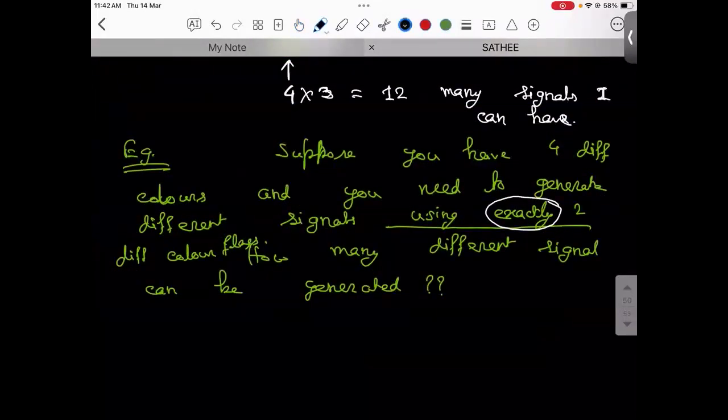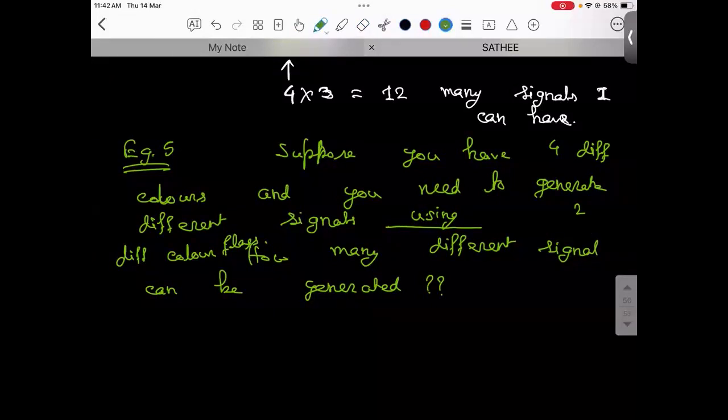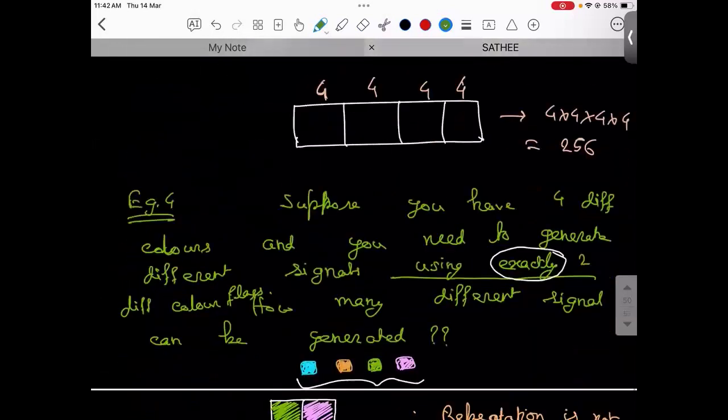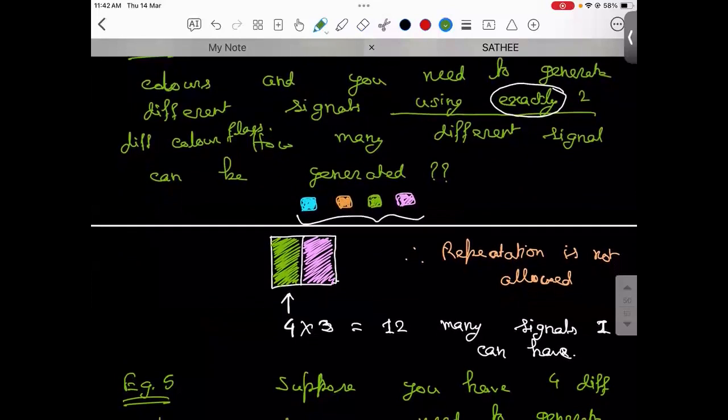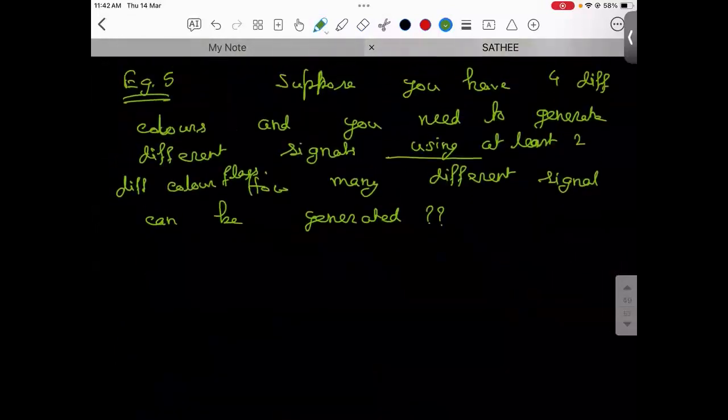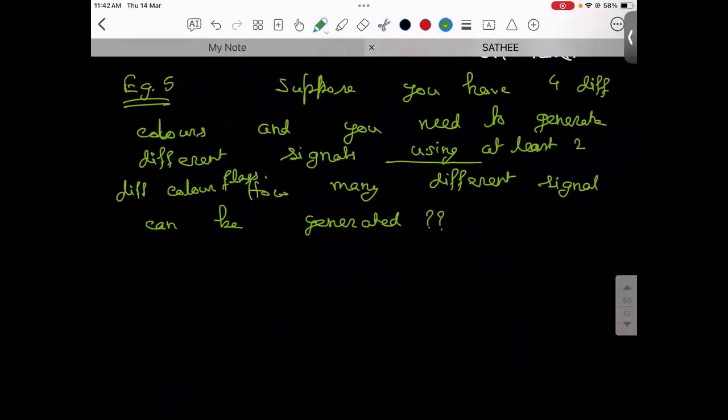Example 5, and I am replacing this exactly by at least. At least 2 different color flags. Okay, so here I have changed the term exactly to at least. So at least means I have four different colors, right?